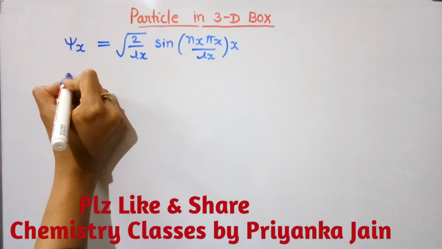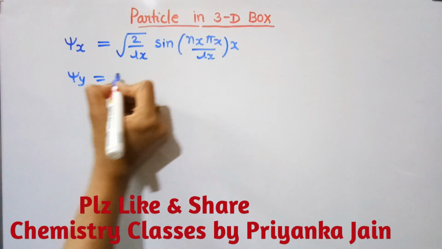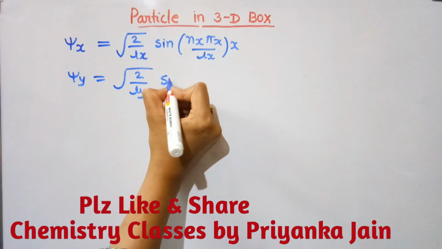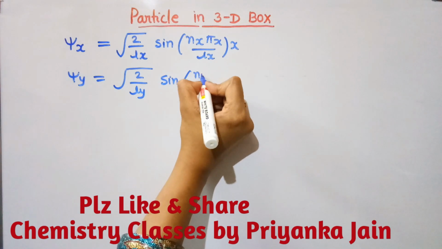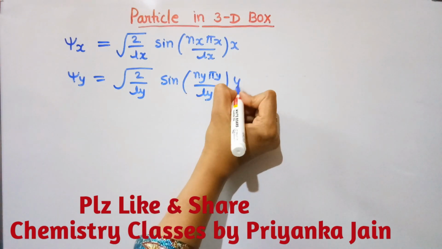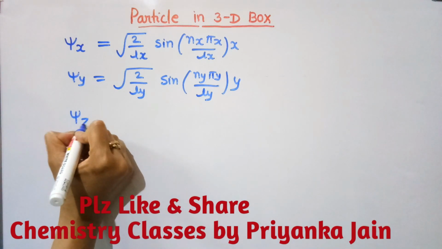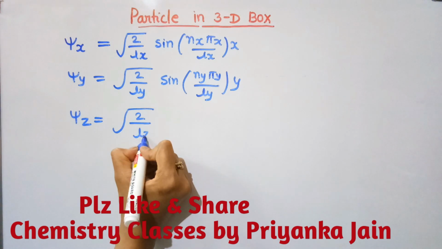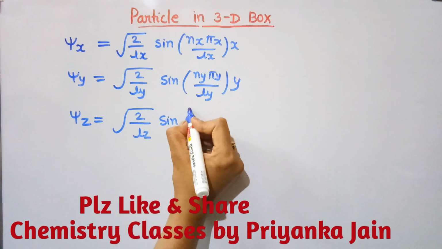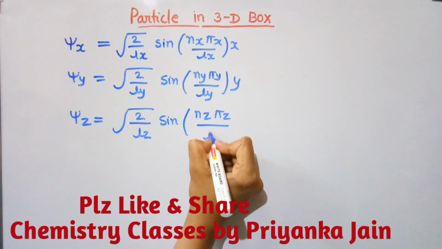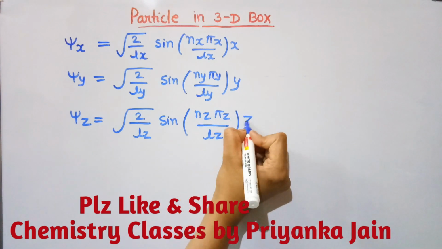Similarly psi y will be equal to root 2 upon Ly sin(ny π y upon Ly). Similarly psi z will be root 2 upon Lz sin(nz π z upon Lz).